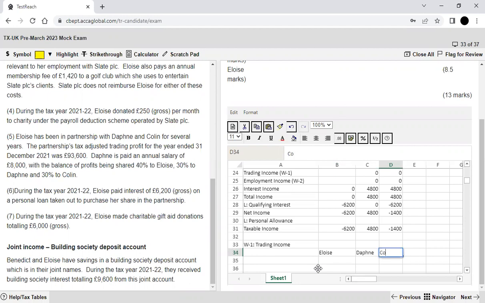Otherwise, Daphne's tax adjusted trading profit is 93,600.